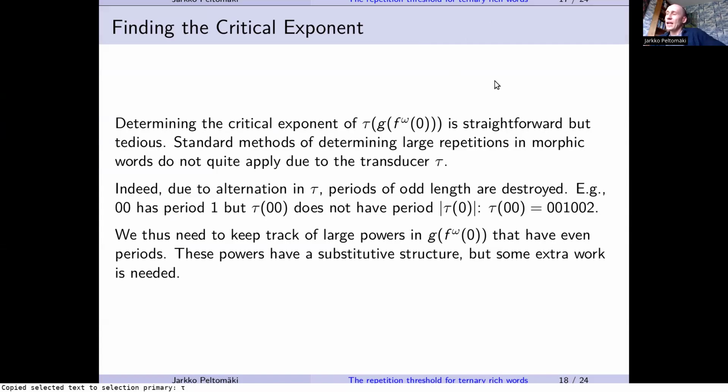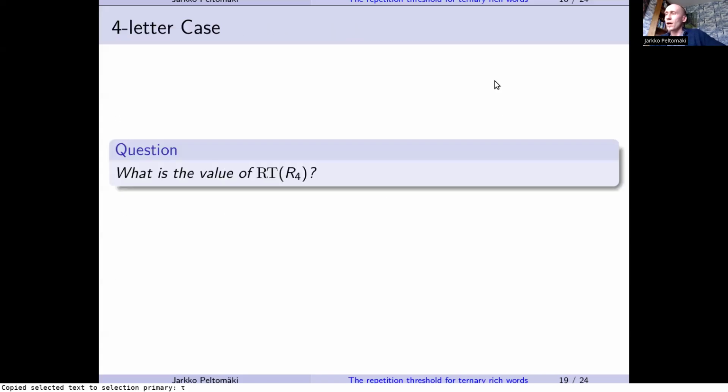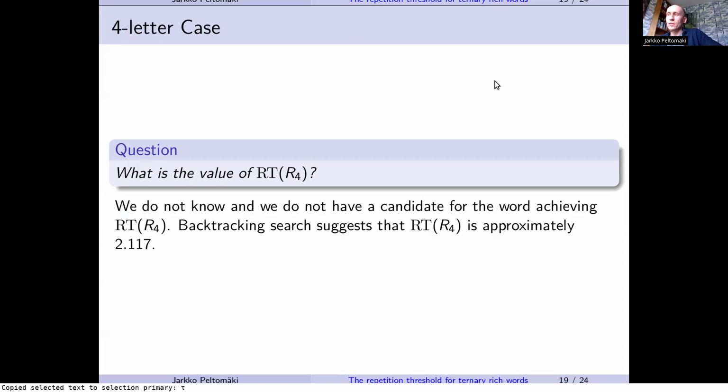And then I'd like to end this talk with some remarks. The obvious question is: what is then the value of the repetition threshold for the 4-letter case? The thing is that I don't know.